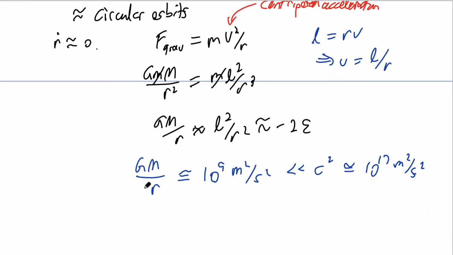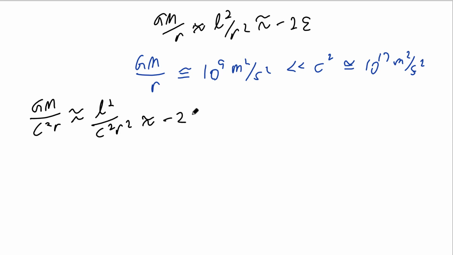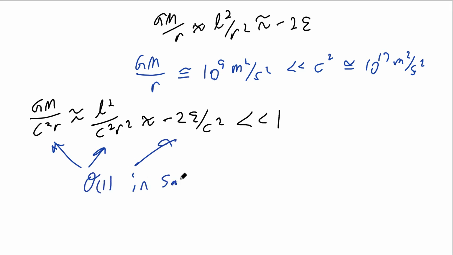So each of these quantities divided by c squared is much smaller than 1. GM over c squared r is approximately L squared over c squared r squared is approximately minus 2E over c squared. These are all much smaller than 1. In fact, they're around 10 to the minus 8. So we're going to consider each of these to be a small quantity of order 1 in smallness.